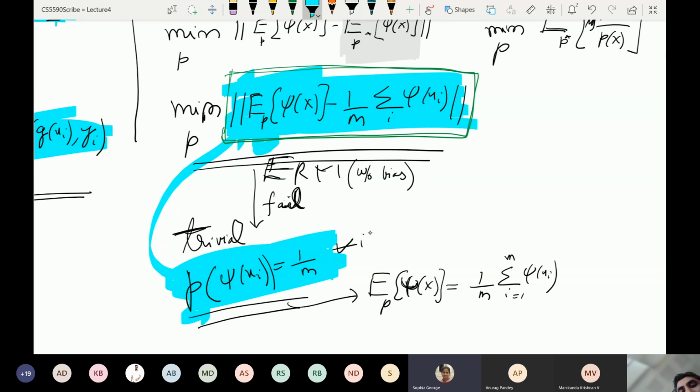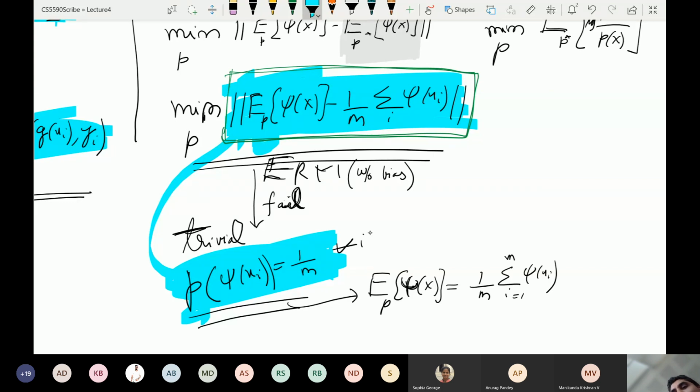One question: if the sample given has multiple samples for the same value of x, then it would be like 2 by m. Correct. But still it's a useless distribution. Why is this distribution useless? Because the whole goal of machine learning is that for new or unseen inputs, you should also be able to generalize well, right?